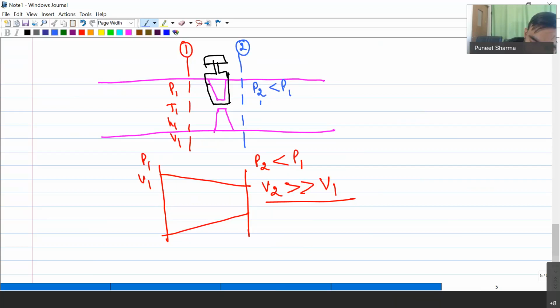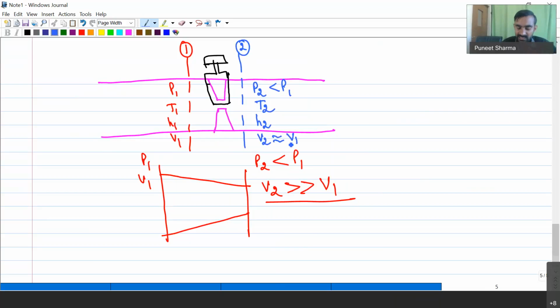And we will find some temperature T2, some enthalpy H2 and some velocity at the outlet as V2. Though this sudden obstruction has decreased our pressure, the velocity of the fluid medium will remain almost unaffected because we have not varied the area in a gradual manner. So I can say that velocity at outlet is nearly equal to velocity at inlet.